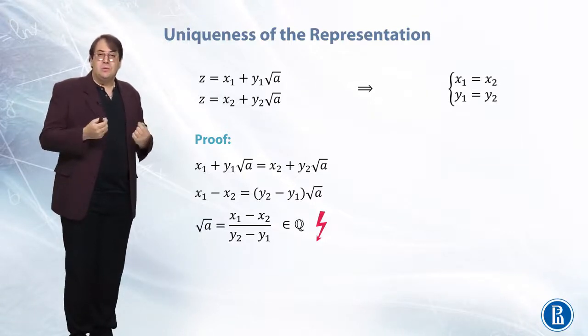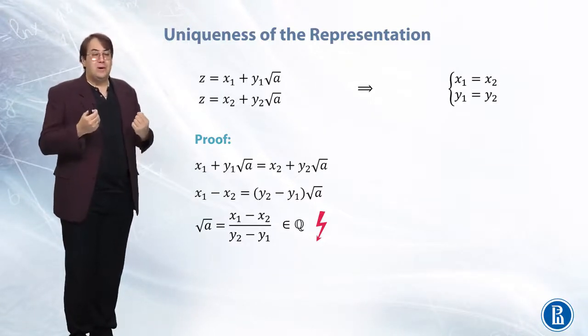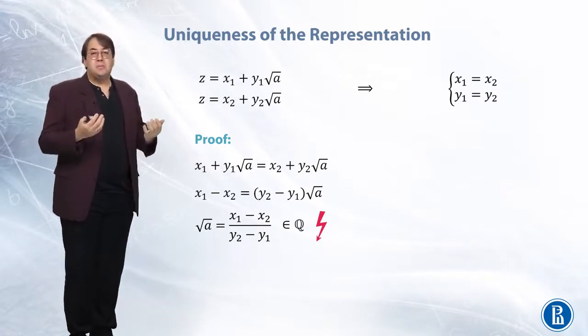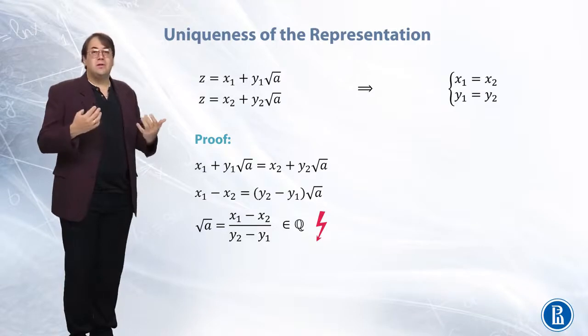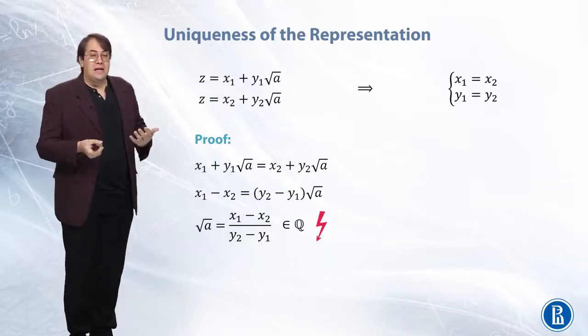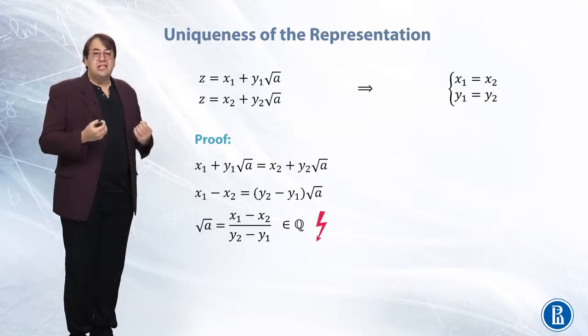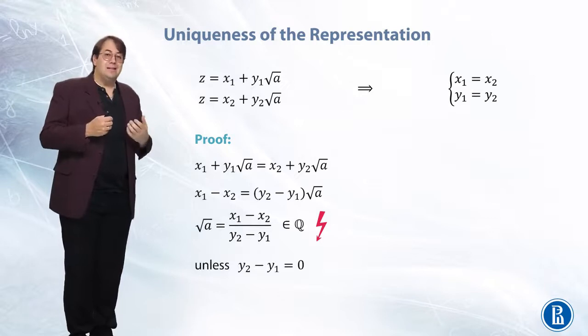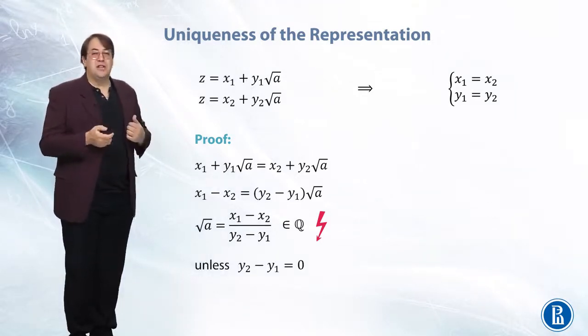Of course, when we divide by y2 minus y1, because we know that division is possible only if we are going to divide by something that is not 0. So we get to a contradiction unless y2 minus y1 is equal to 0, which means that the y's are equal to each other.